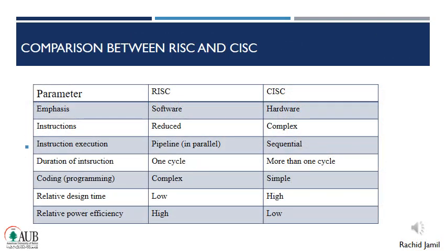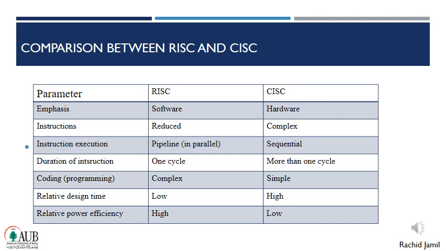To close, we will do a comparison between RISC and CISC architectures. In RISC, the emphasis is on software, and in CISC, the emphasis is on hardware. Instructions in RISC are reduced, instructions in CISC are more complex. Instruction execution is done in pipeline in parallel in RISC because each instruction needs only one cycle to be executed.